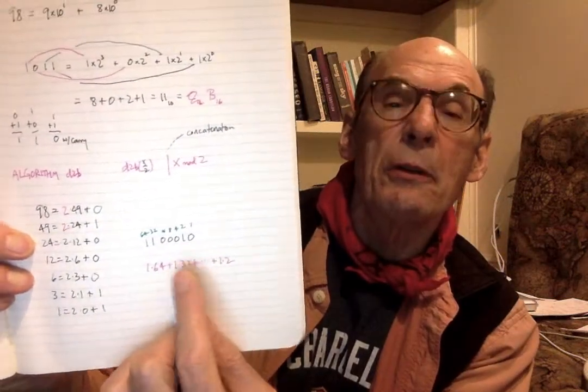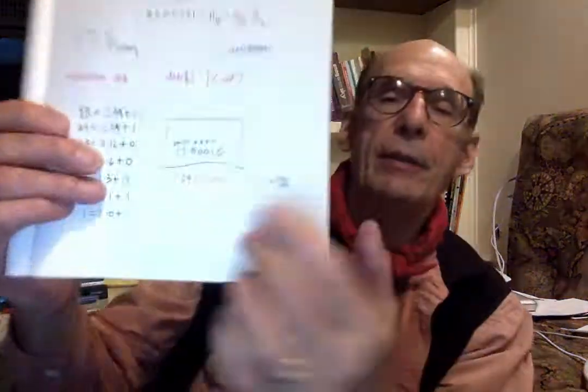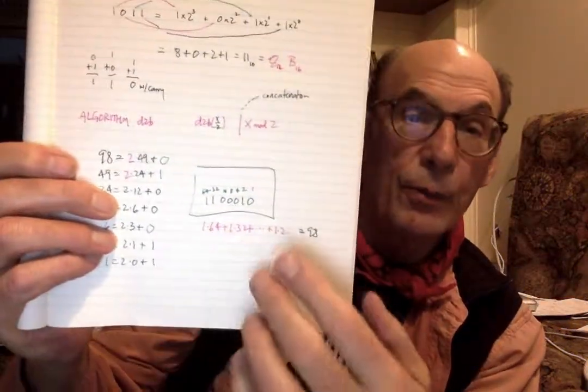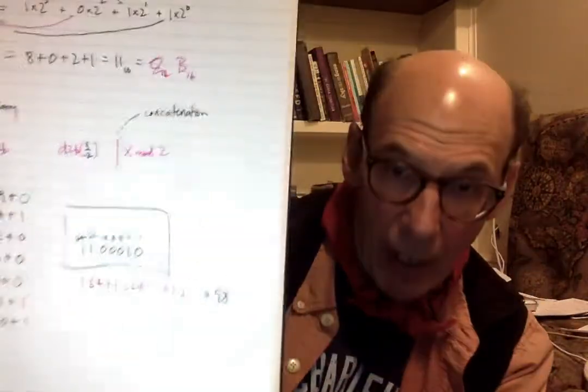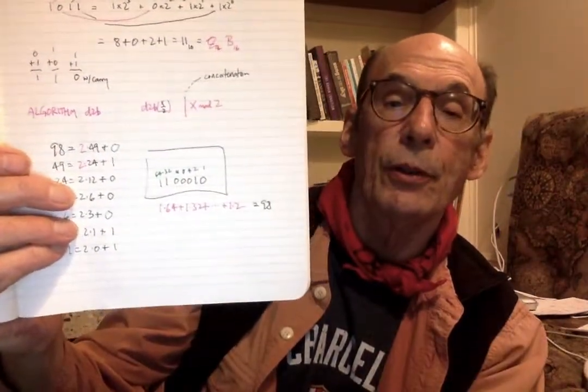I've just put the ellipsis in there. And 64 plus 32 is 96, plus 2 is 98. So we found the binary equivalent. I'll put it in the box here. And this is now something that we can put in the box and add to other things that we put in the box and actually get some good computing done.